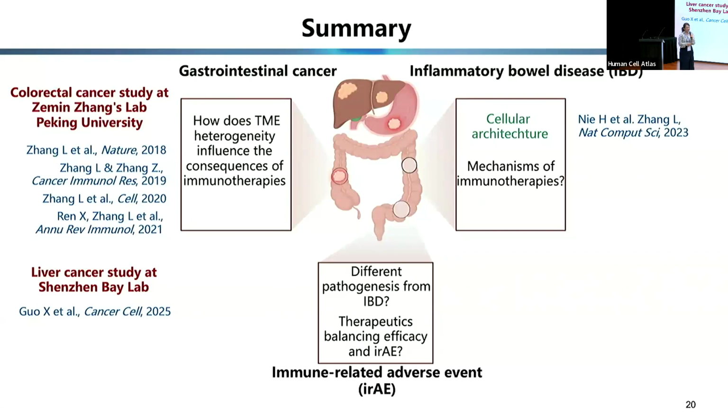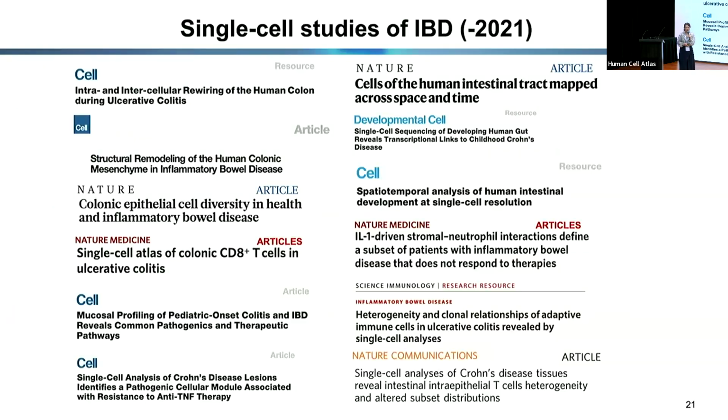Beyond GI cancer, our lab is also interested in inflammatory bowel disease. Thanks to the fantastic, excellent work in this field, we began to understand this disease by integrating published datasets, published around 2021 when I established my lab.